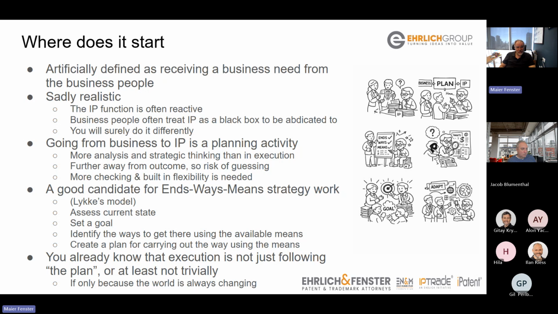It means the IP function is acting in a reactive way, and it also means that the instructions you're getting are as if you're a black box. Just do it. Go to the store and buy me 2 pallets. Go to the market and rent out 3 pallets. And I know everybody listening to this is going to do it differently, or not.